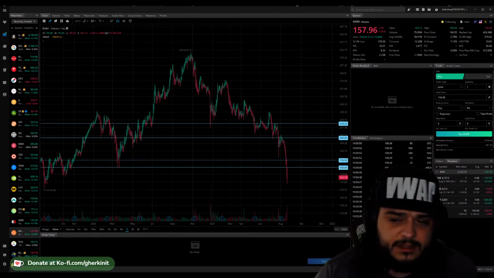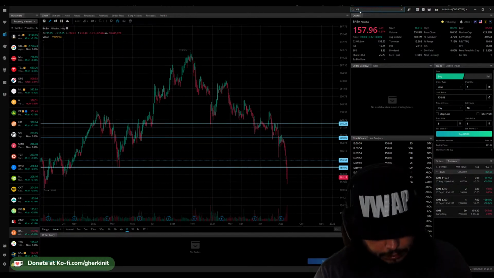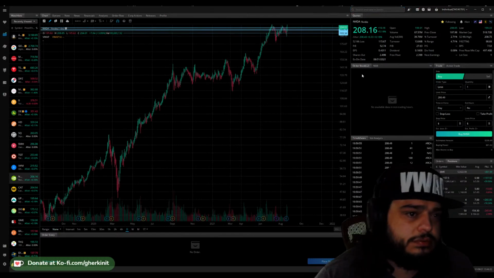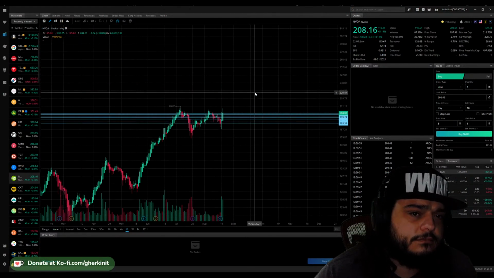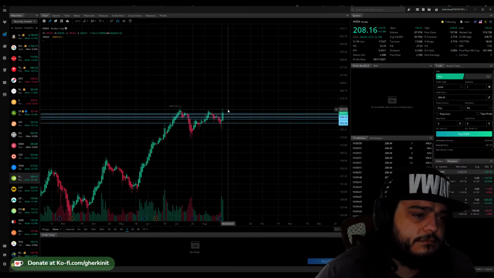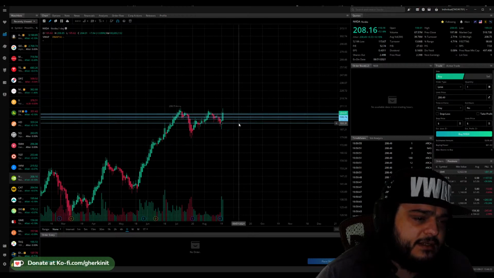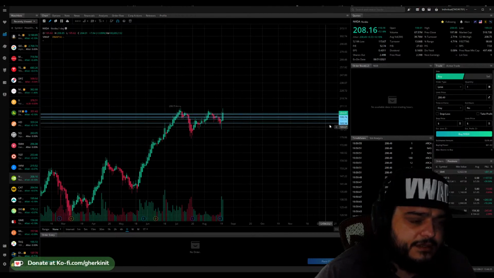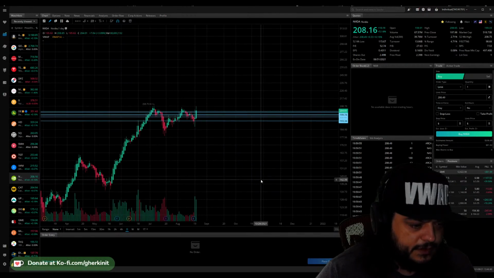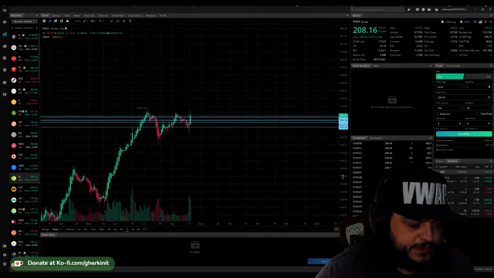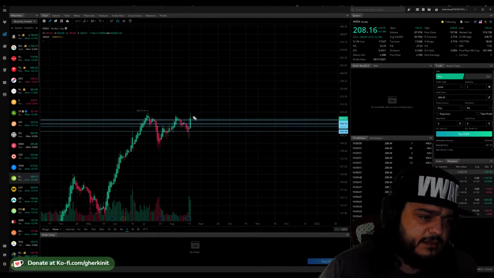How's NVIDIA look? Well, it's either going to break its all-time high or it's not, and it's going to come back down under 200. There'll be a lot of selling through the early part of the week, most likely.